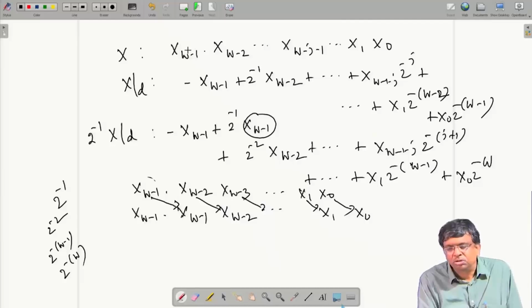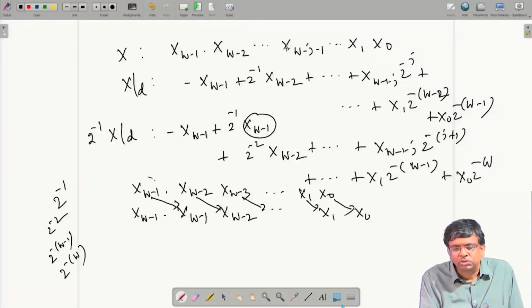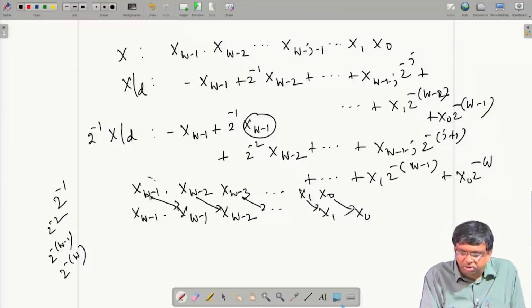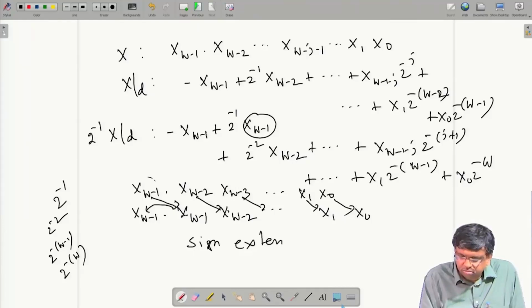If this bit is 0, I know the number is positive, and if this bit is 1, whatever values the other bits take, the total number is negative, it is below 0. That is why it is an indicator of whether the number is positive or negative. If it is 0, the whole number is positive. If it is 1, the whole number is negative. So, the sign bit also comes here, the other bits come here, and the same thing gets repeated here. It is called sign bit extension, or sign extension. And it is w plus 1 bit.